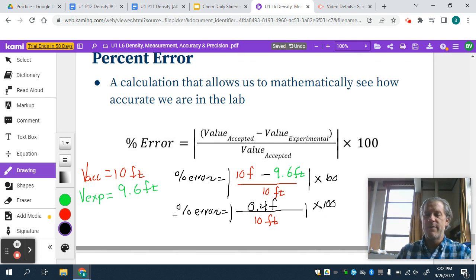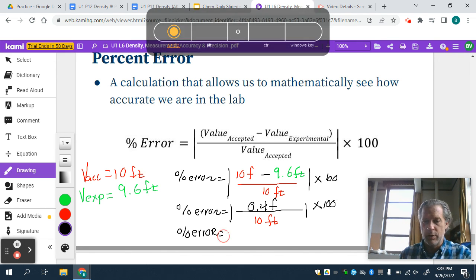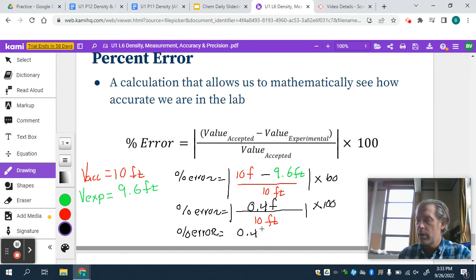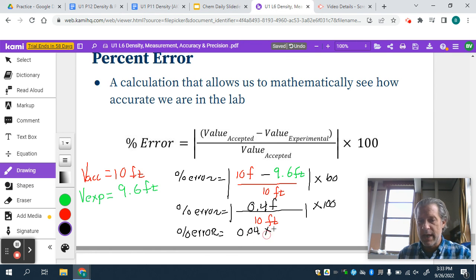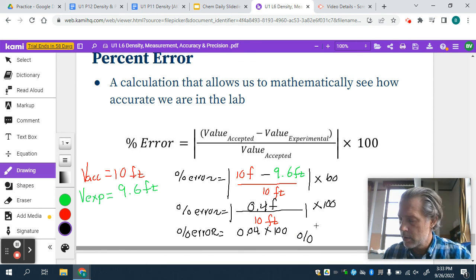Then we divide that out. 0.4 divided by 10 is 0.04. So our percent error will equal 0.04 times 100. And so the actual percent error here is 4%.